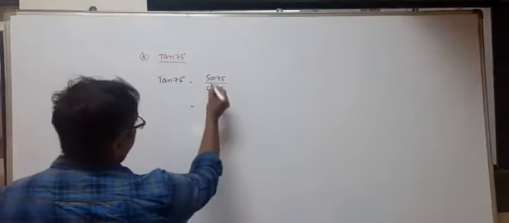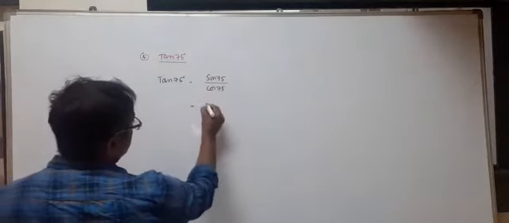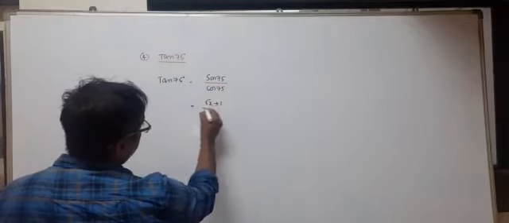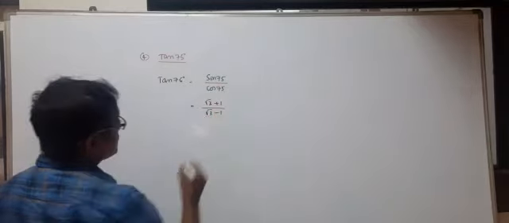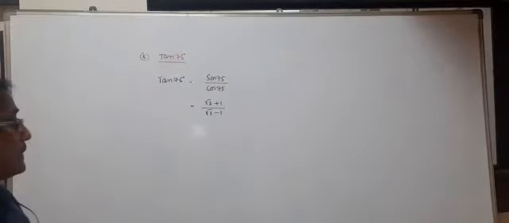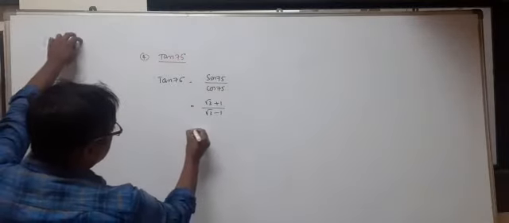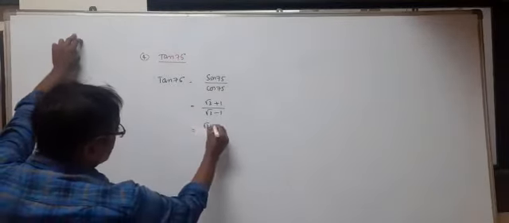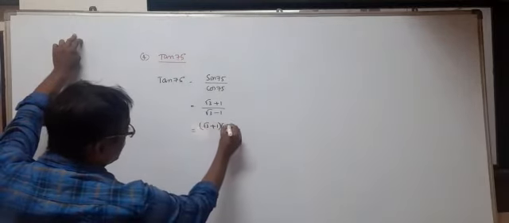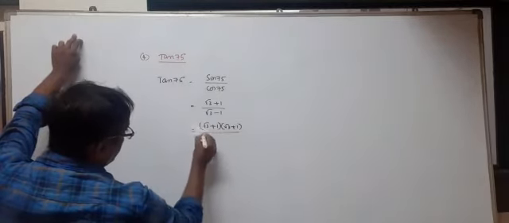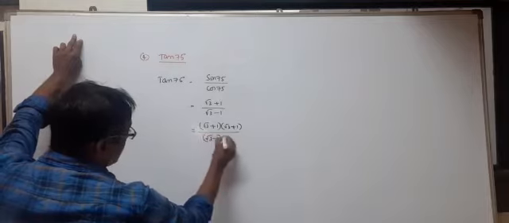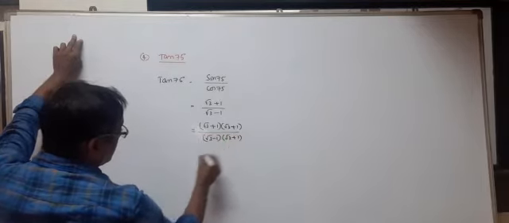So when you write those values, it will be root 3 plus 1 by root 3 minus 1. 2 root 2 will be cancelled. Now rationalize the denominator. So you will get (root 3 plus 1) into (root 3 plus 1) by (root 3 minus 1) into (root 3 plus 1).